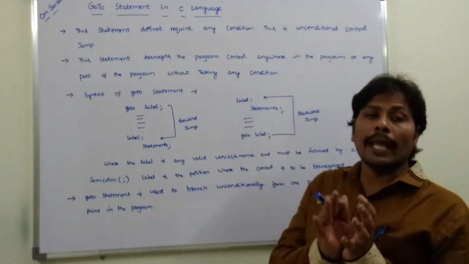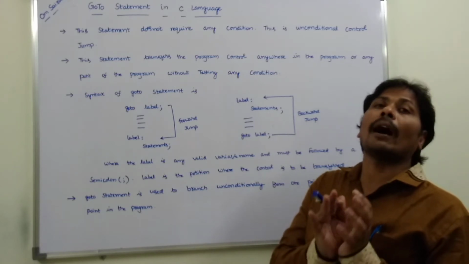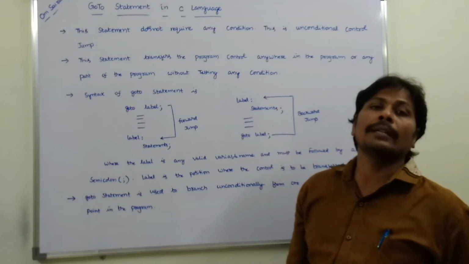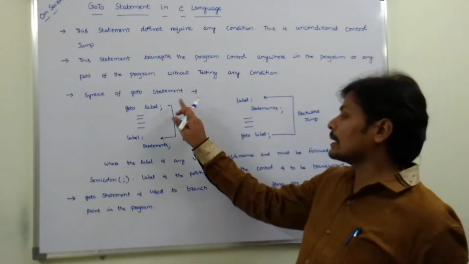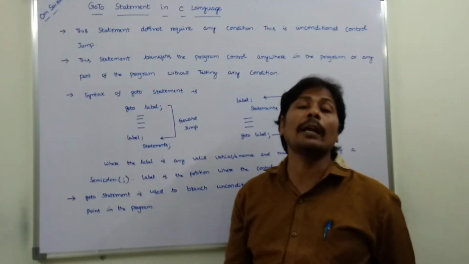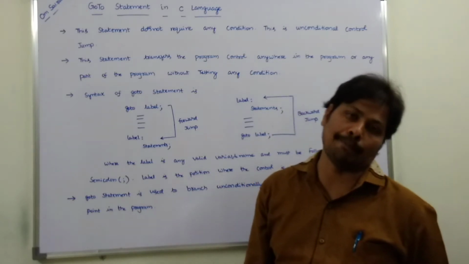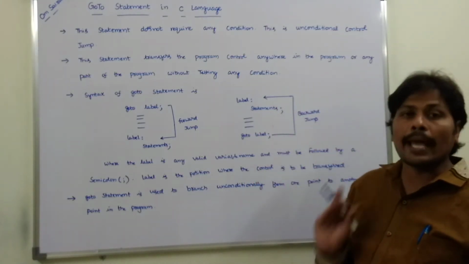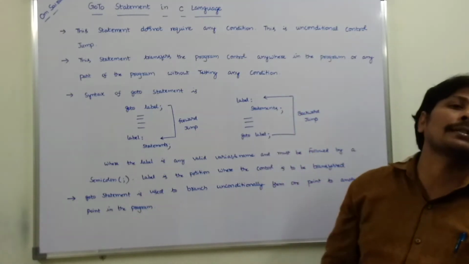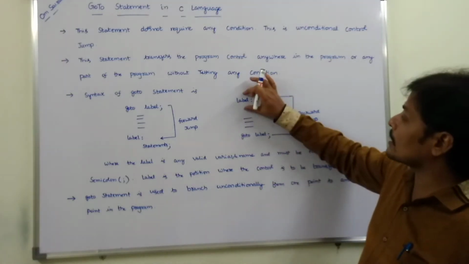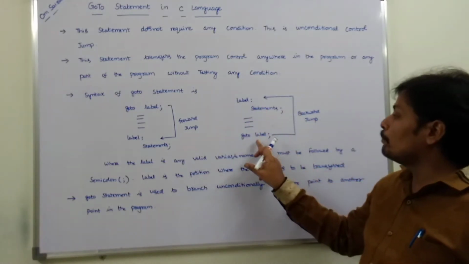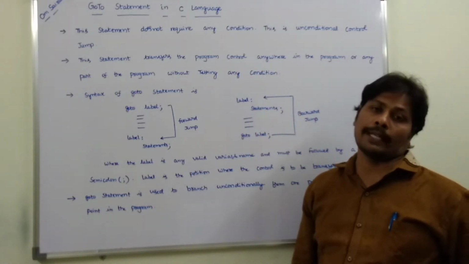Suppose the label statement occurs after the goto label statement, then that type of jump is called a forward jump. Suppose the goto label is after the label statement, so the label occurs before the goto label statement.